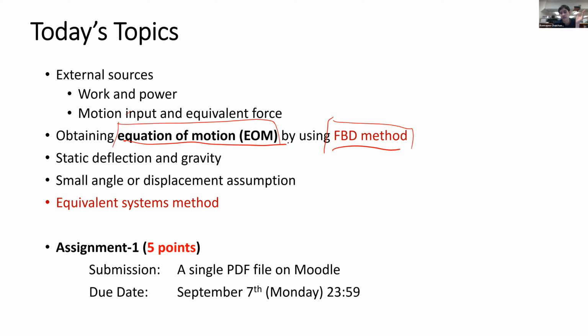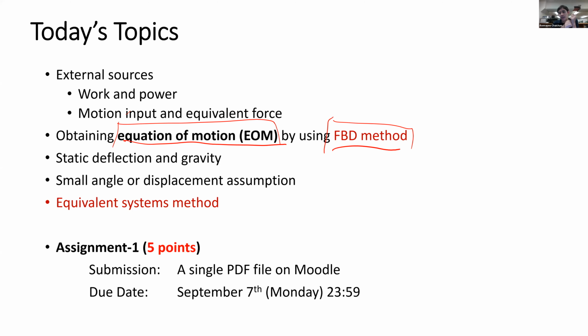A single DOF system can have only one equation of motion that relates to a generalized coordinate that we select. So although you have 10 pieces of object in the system, you may begin with 10 equations, but finally you need to solve all of them to derive only one equation of motion.